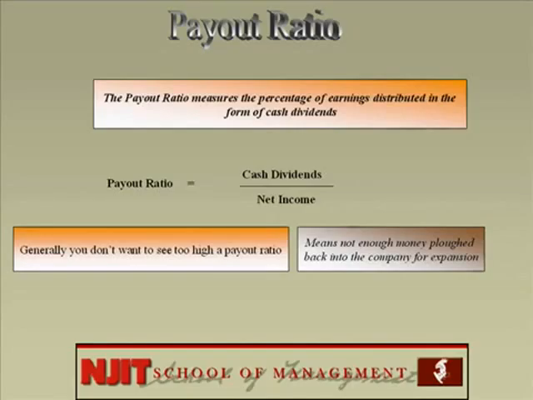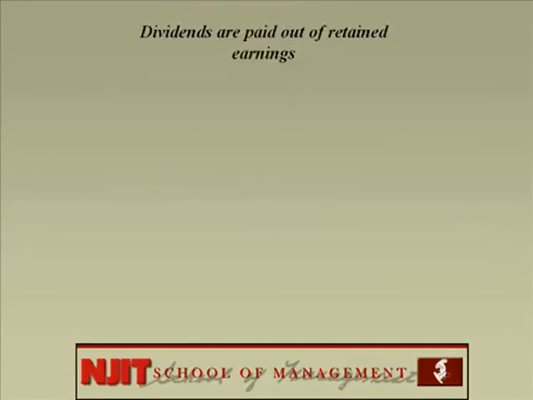So a high payout ratio is good if you're a speculator. It's not good if you're interested in capital appreciation. That is, you want to stick money in and wait for the stock price to increase. One note: dividends are paid out of retained earnings.